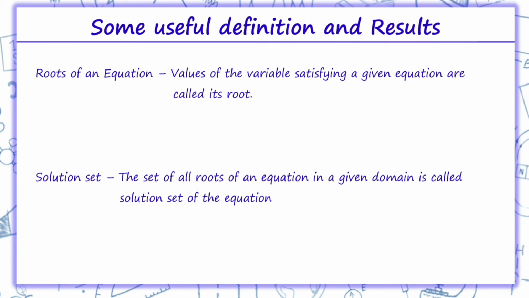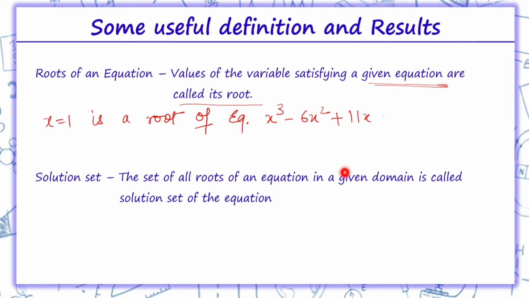Coming on to roots of an equation. The values of the variable satisfying a given equation are known as its roots. For example, x equals 1 is a root of the equation x cube minus 6x square plus 11x minus 6 equals 0.